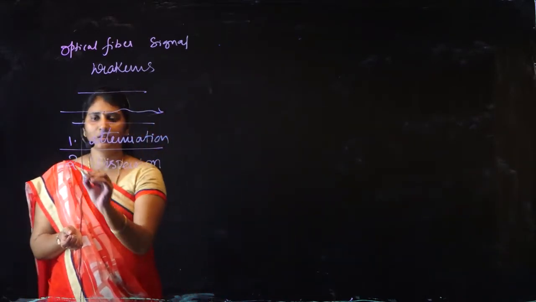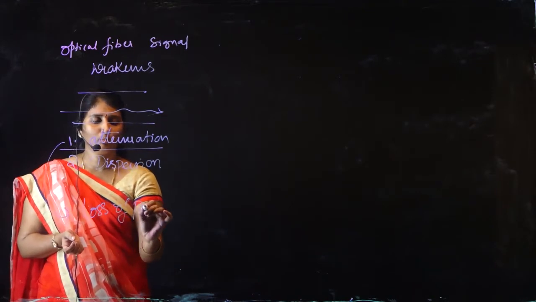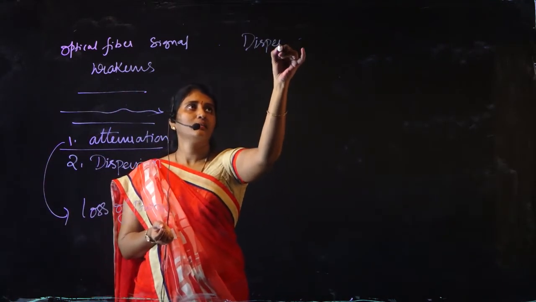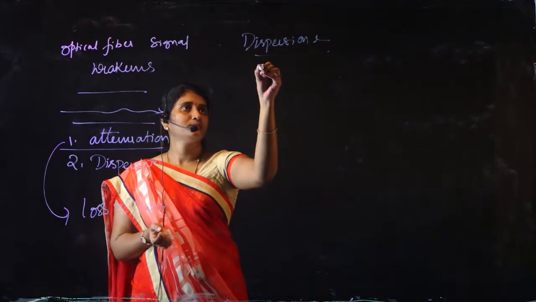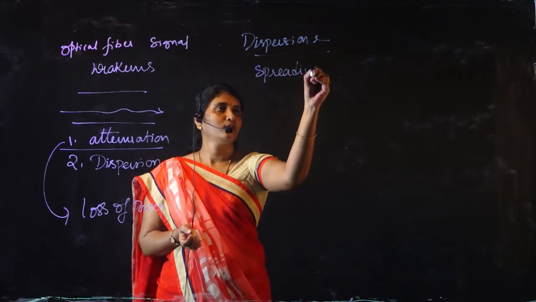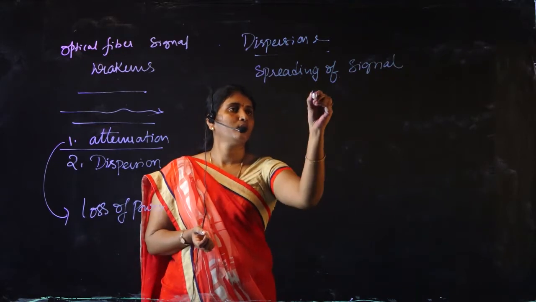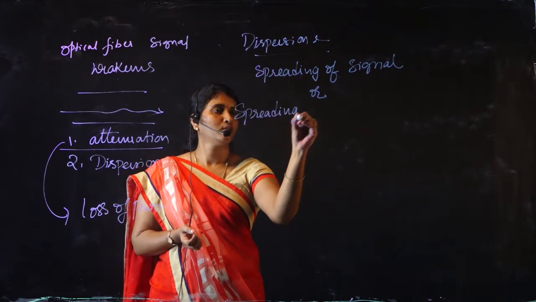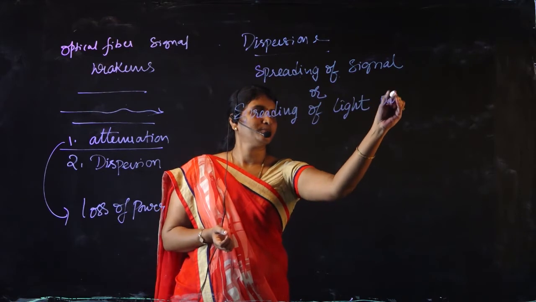Attenuation is loss of power, we can say. Coming to the second part, dispersion is spreading of signal or spreading of light pulses.